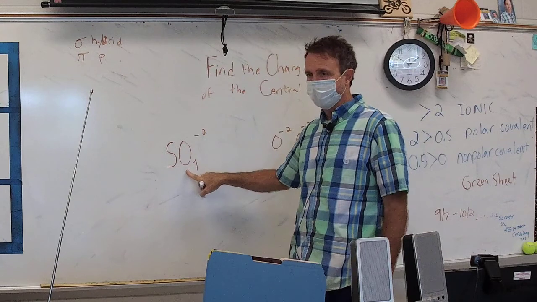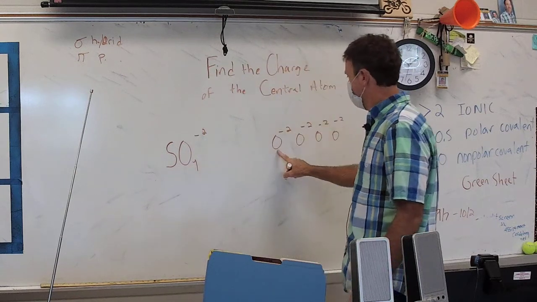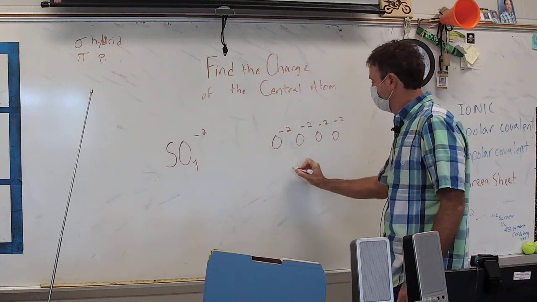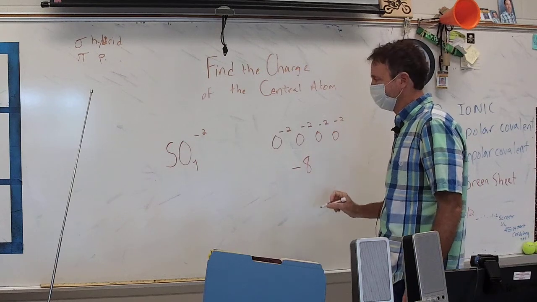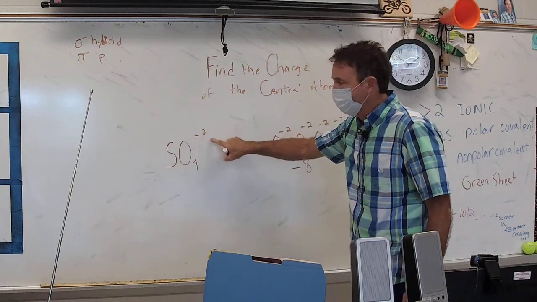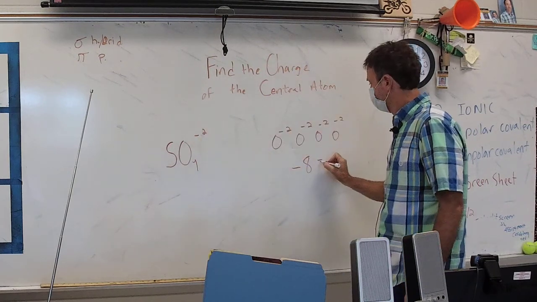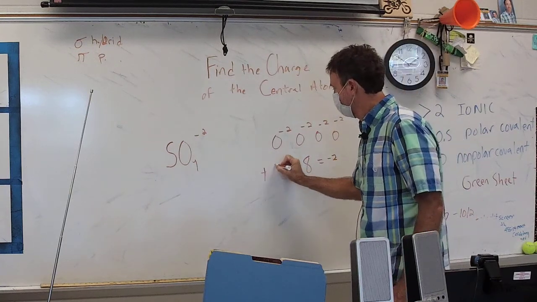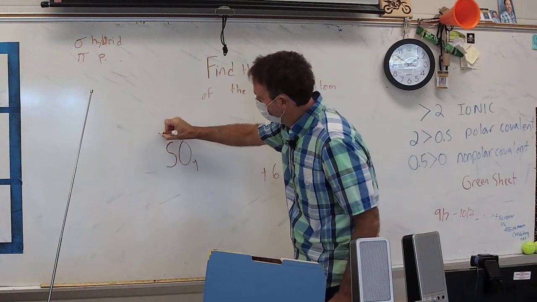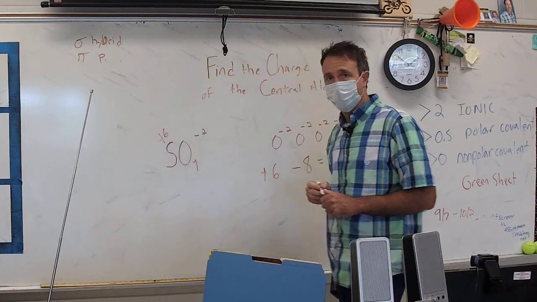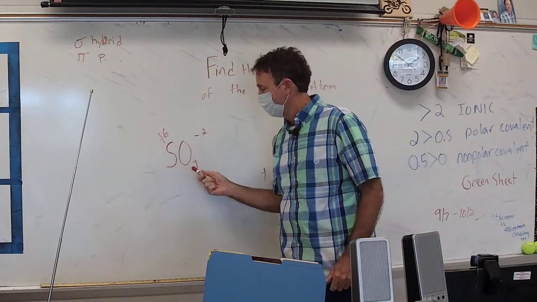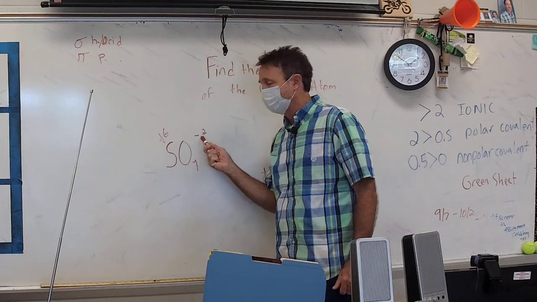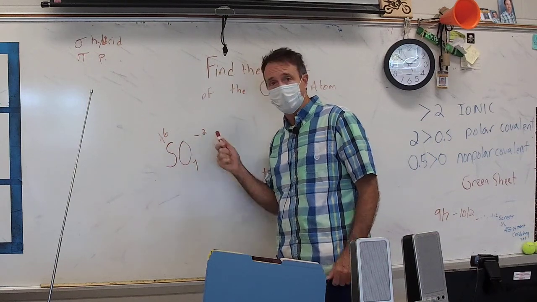So all of these -2s add up to -8. The overall charge has to be -2, so that means the sulfur was +6. So the sulfur in sulfate is +6 because +6 minus 8 equals -2. That's why sulfate has a -2 charge.